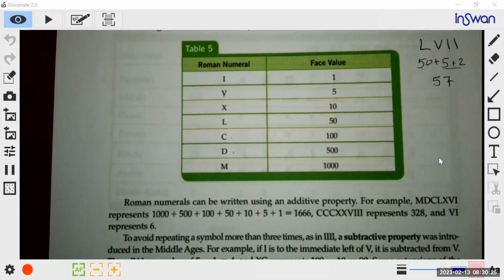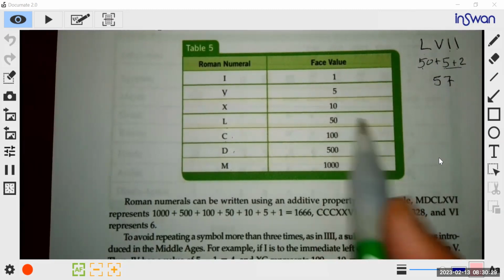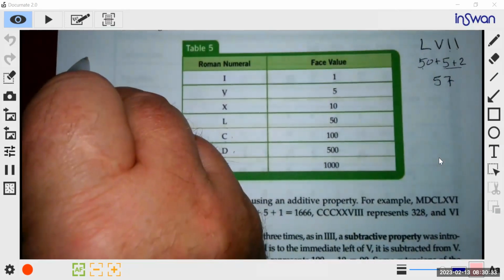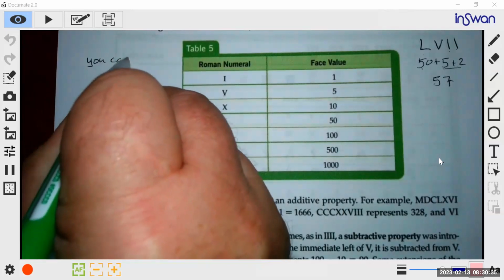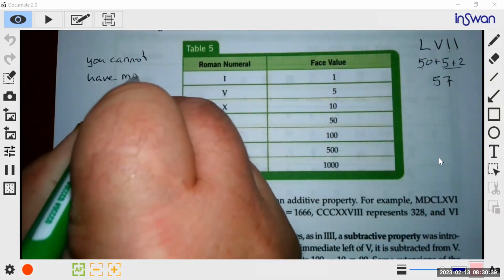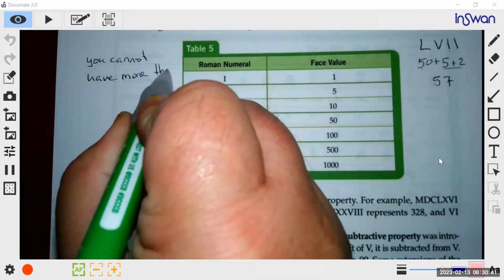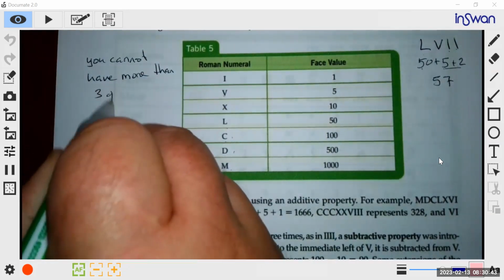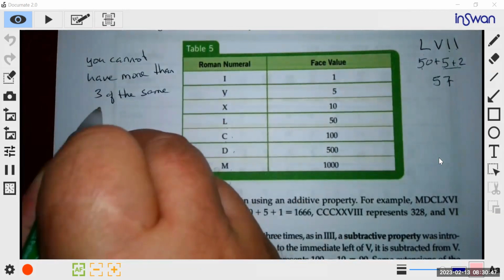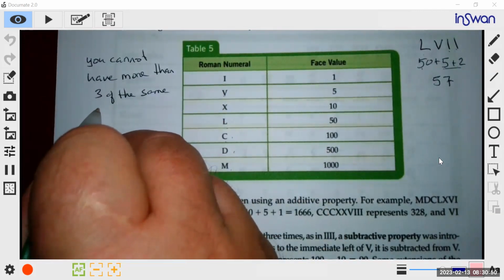But here's the stipulation. In Roman numerals, you cannot have more than 3 of the same letter in a row.